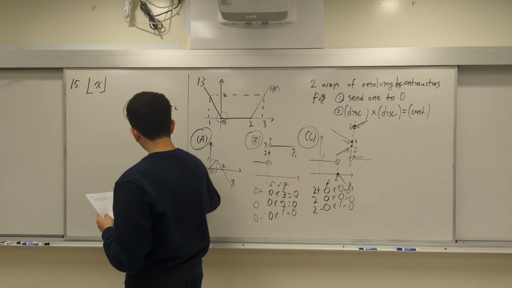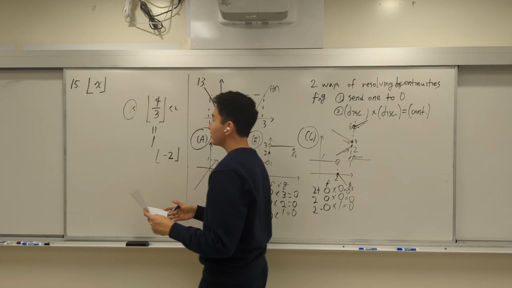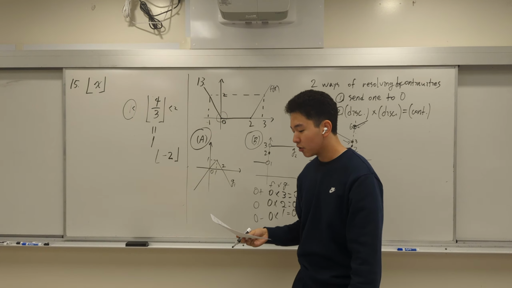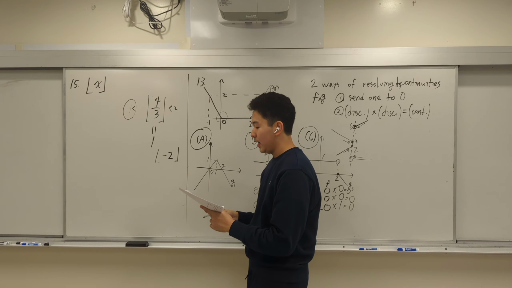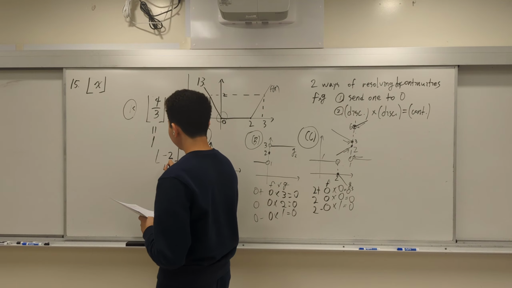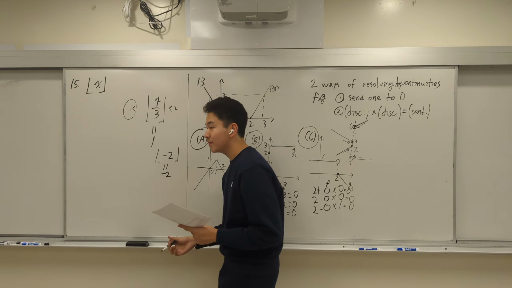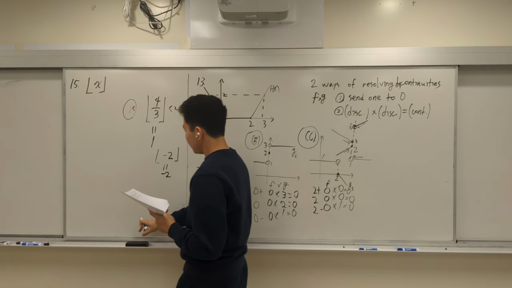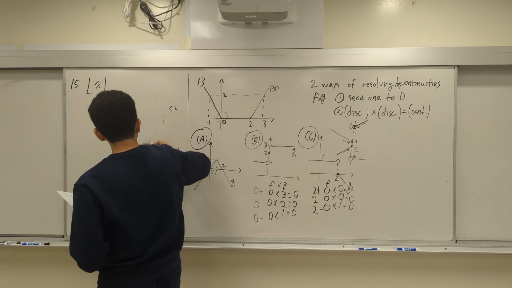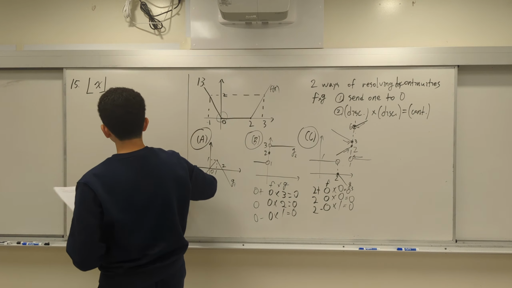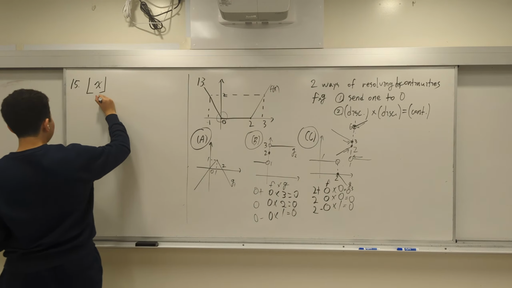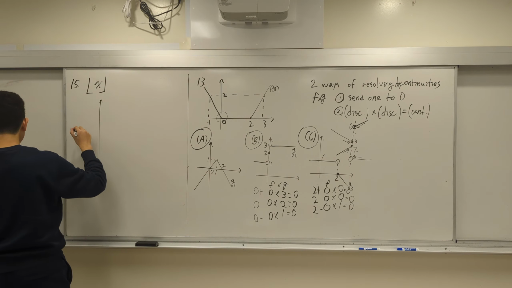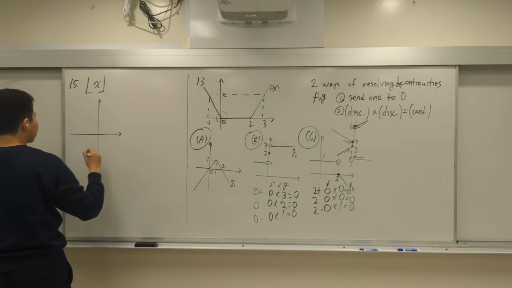How about the floor of negative 2? Well, we need to select the greatest integer that is not greater than negative 2. So that would be itself, right? Negative 1 would be greater than negative 2, so that doesn't work. And the graph of floor of x, we can imagine it, and we need to draw it to get to this problem.